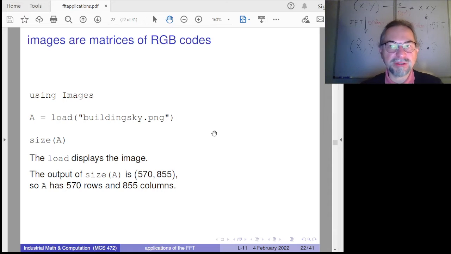Also, the first time that I tried this was with a JPG file, and then it really didn't work as I hoped, so I had to use the converted image. But after that we have the numbers in our session. If you look then at the size of A, you see that it is a two-dimensional structure with 570 rows and 855 columns here.